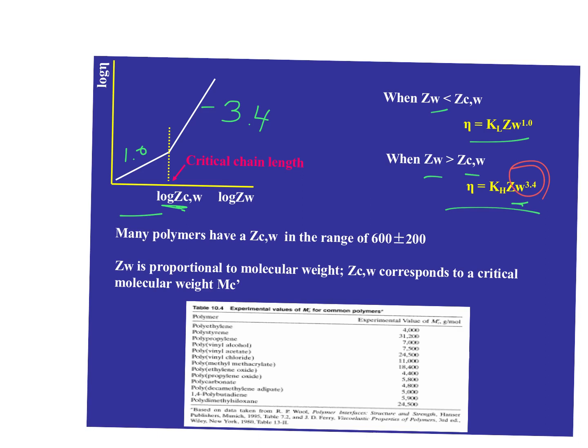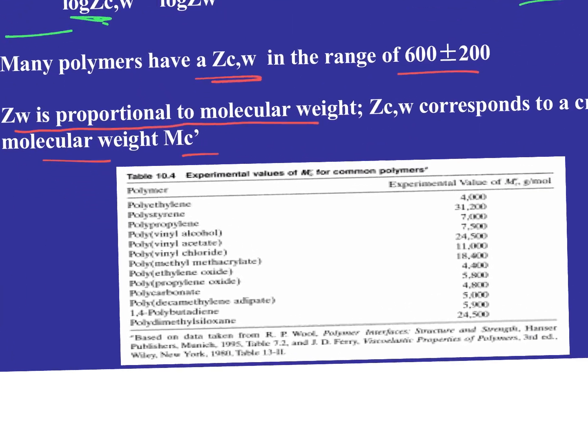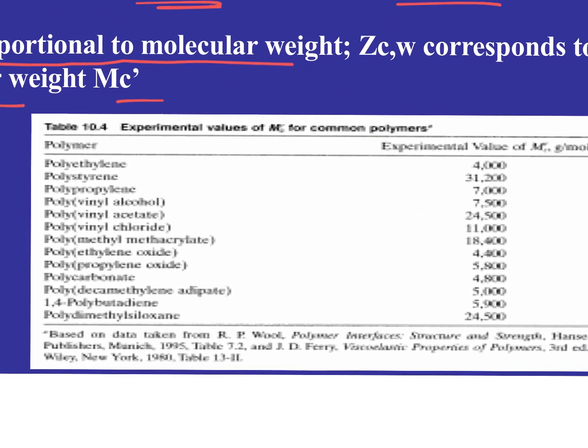And so we know that many polymers have these critical values of molecular weight, or Z sub C, in the range of 600 plus or minus 200. Z sub W, of course, is proportional to molecular weight. Z sub W corresponds to a critical molecular weight MC prime, and MC prime for common polymers, again, I apologize for the fuzziness of this, but for polyethylene, we're looking at 4,000.